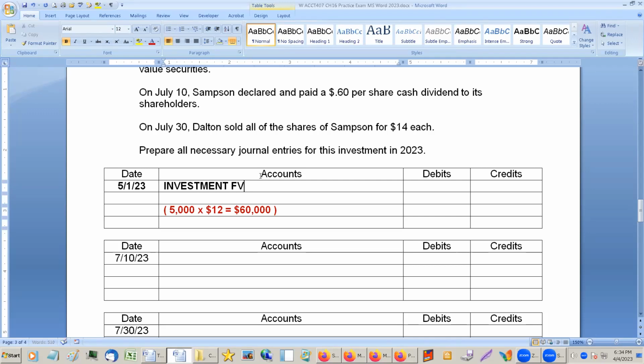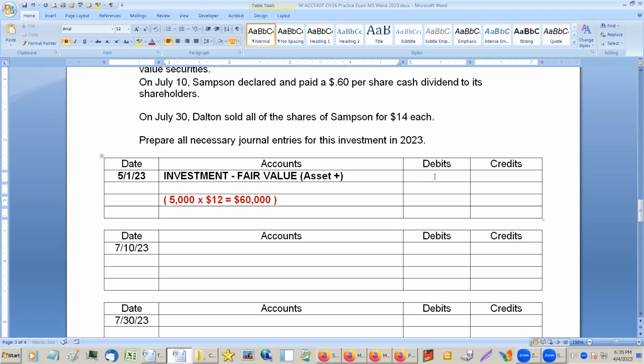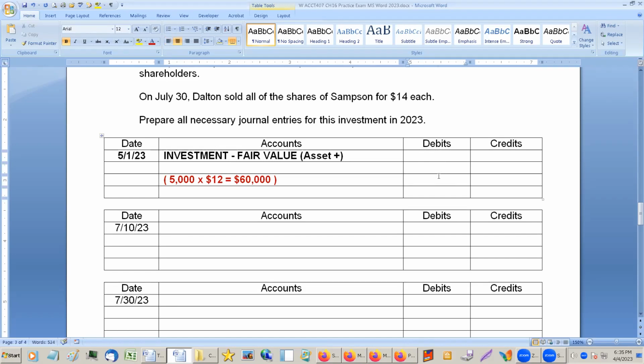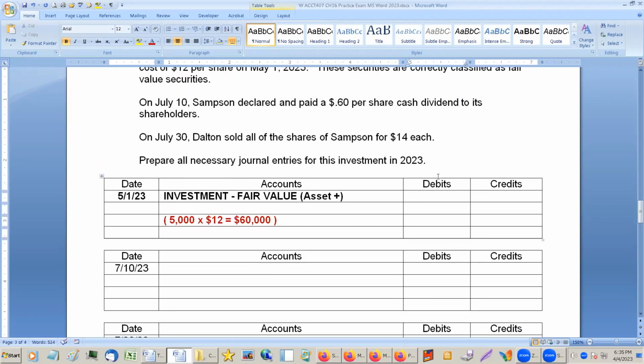I'm going to write it out. And you don't need to put the asset thing in either. This is just me adding it on so people know why I'm debiting or crediting. 60,000.